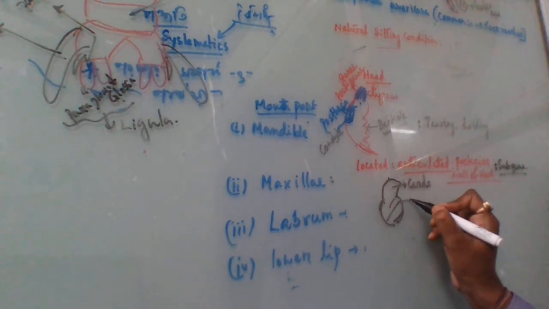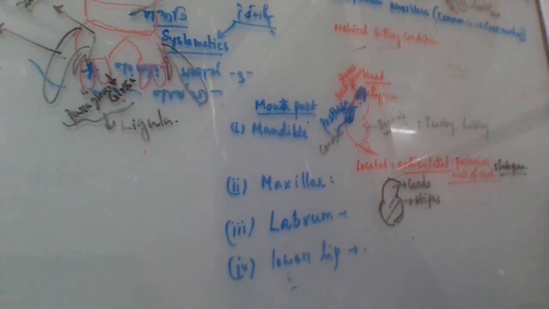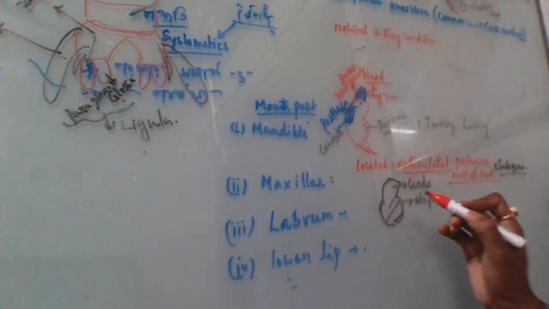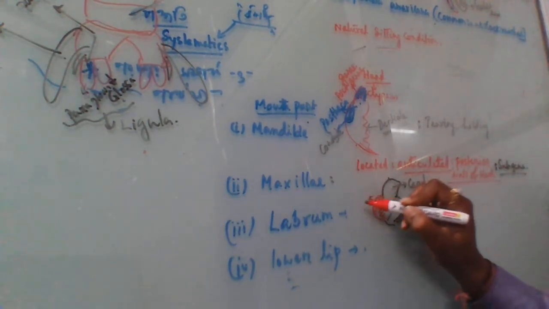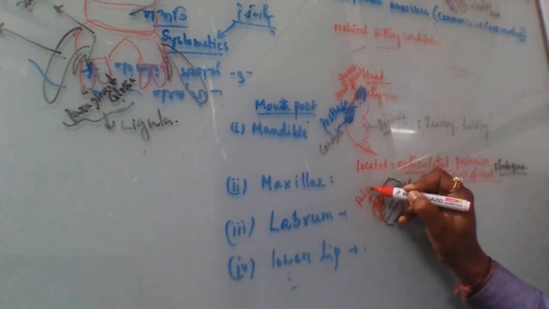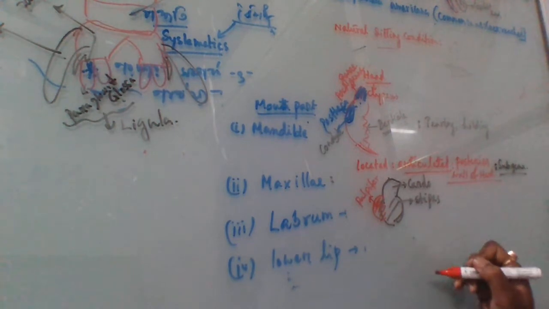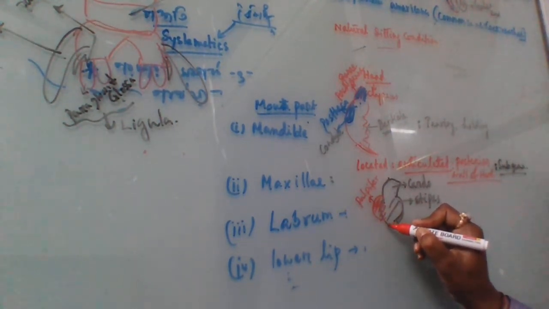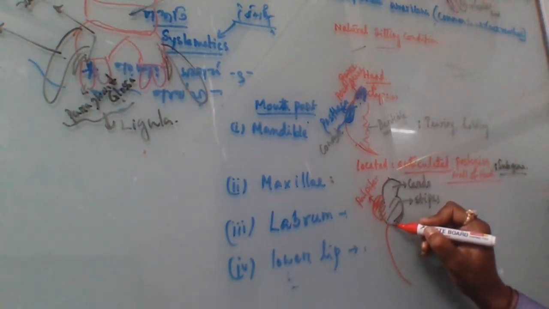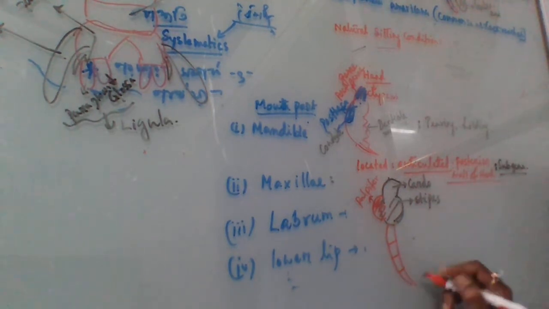Then it is the stipes, and this portion again has another very important part, that is called the palpifer, and this is attached with three parts, from outside to inside.